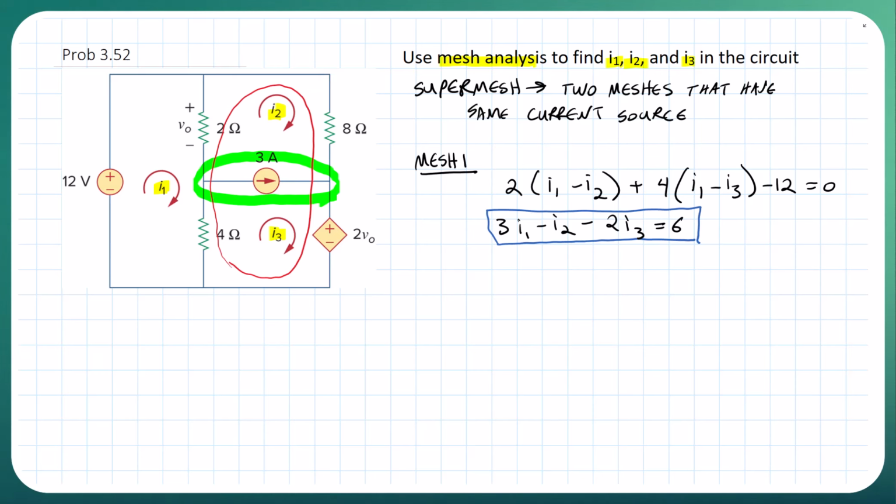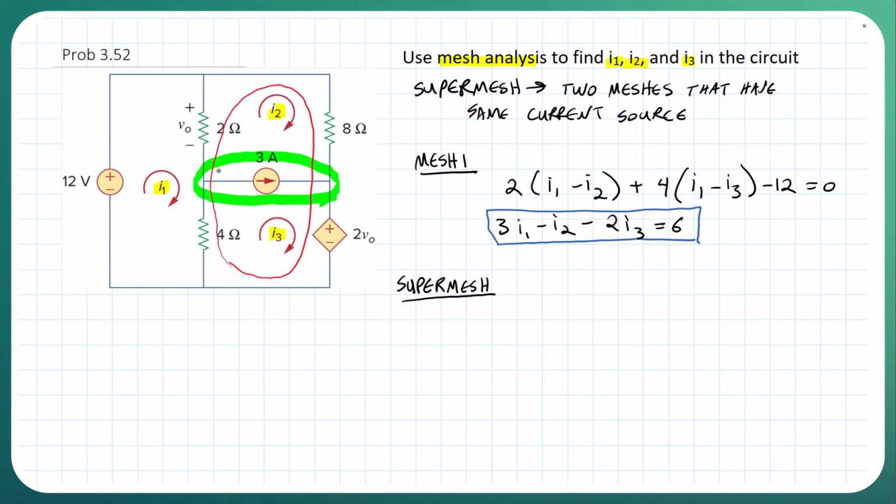So let's just say we have the super mesh here where we combine mesh 2 and 3 together. Okay, so what that essentially means is we're going to ignore the green highlighted area, that 3 amps. We're going to ignore it for now, but we'll come back and compensate for it in a second using KCL.